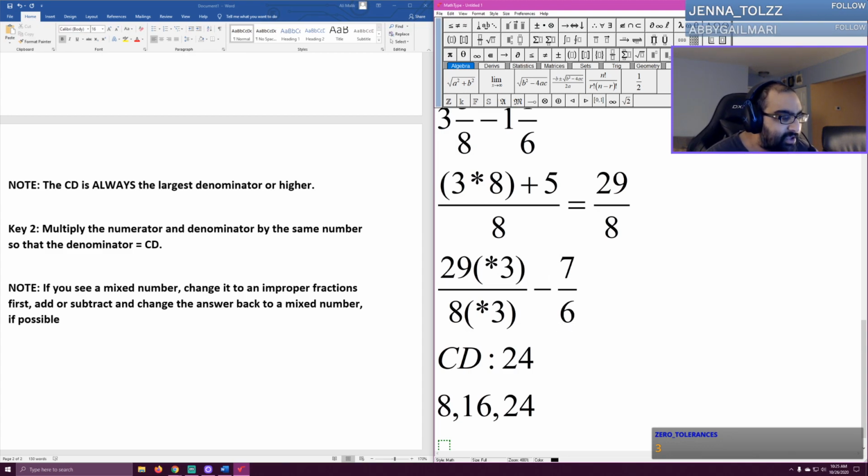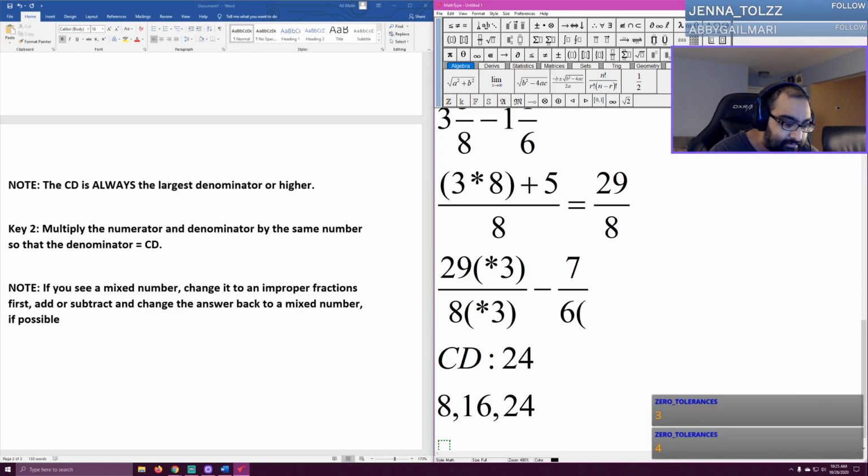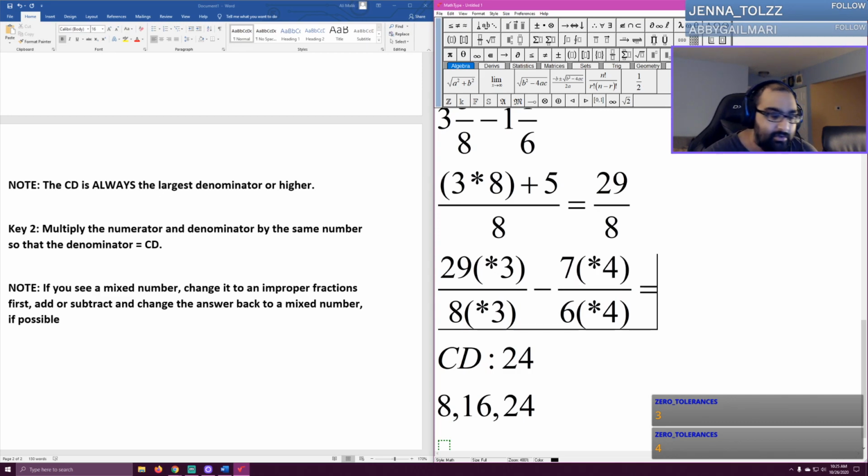How about the second fraction? Okay, 4. Nice. So we'll multiply the numerator and denominator by 4. Sounds good.